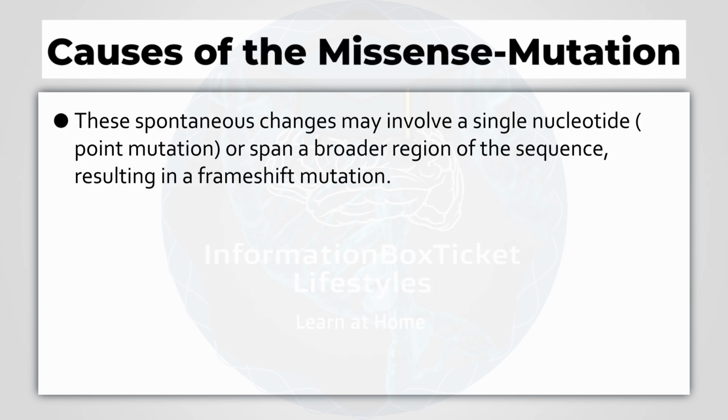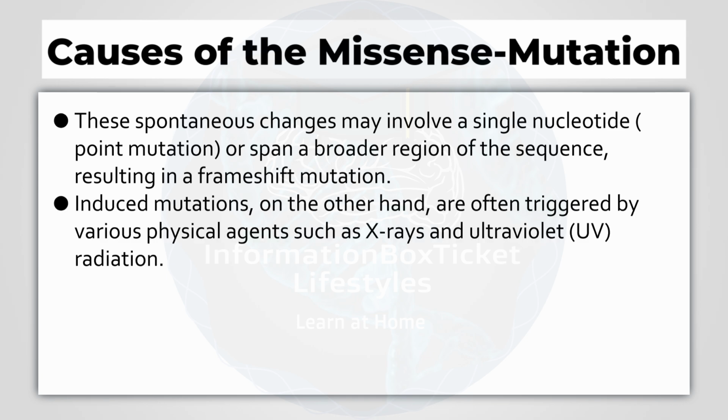These spontaneous changes may involve a single nucleotide, point mutation, or span a broader region of the sequence, resulting in a frame shift mutation. Induced mutations, on the other hand, are often triggered by various physical agents such as X-rays and ultraviolet radiation.